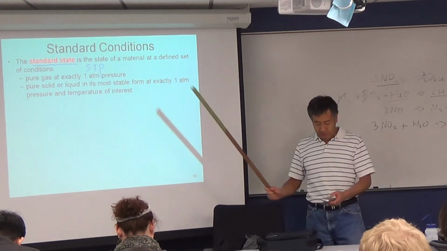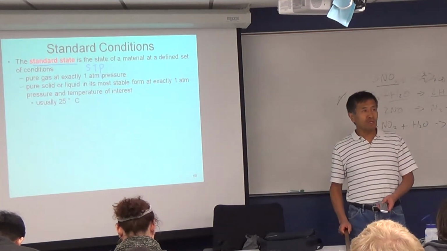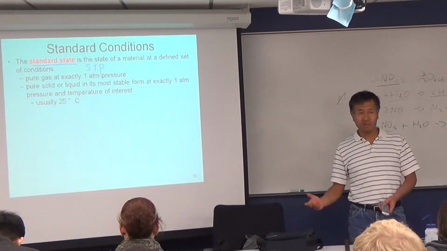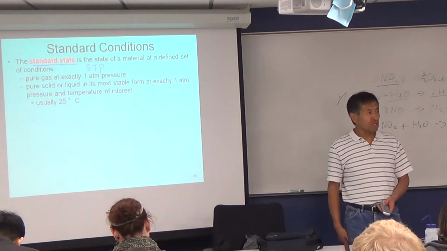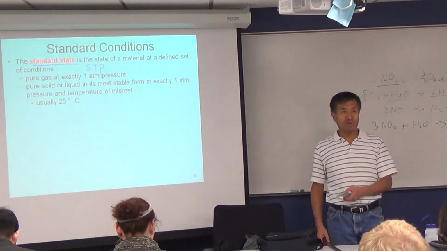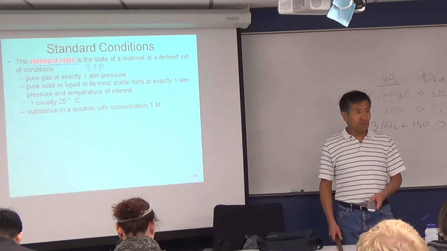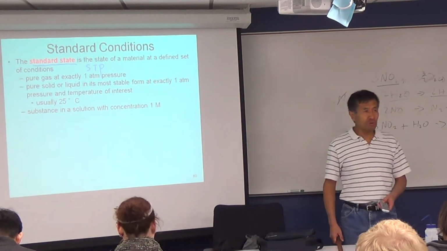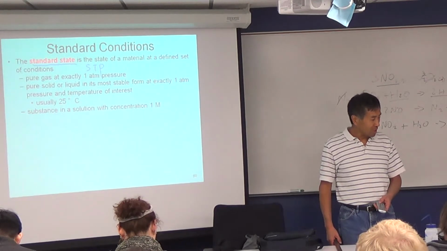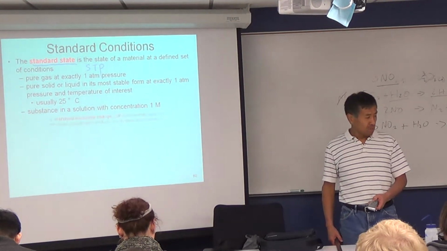The temperature is usually not really in the specification. You can use any temperature. But when we measure this, they measure at 25 degrees Celsius. And some of those substances are not in pure states, they are in solution, and you use a concentration of 1 molar.